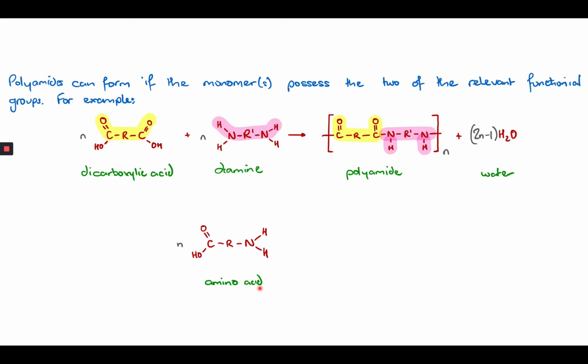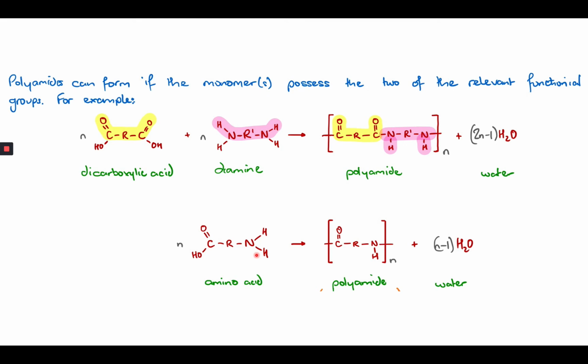But anyway, the principle behind this is an amino acid. So you've got your carboxylic acid group and your amine group on the same molecule. So it can form an amide linkage with another molecule that's the same, and so on. And so we get our polyamide, and again we get water.